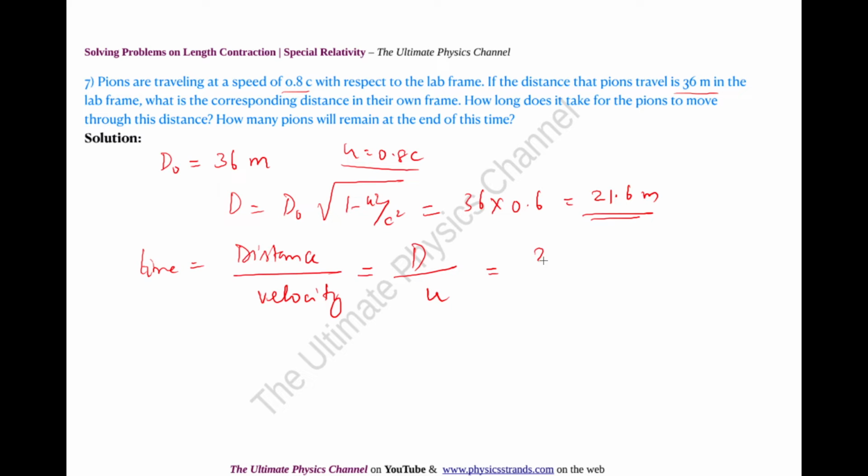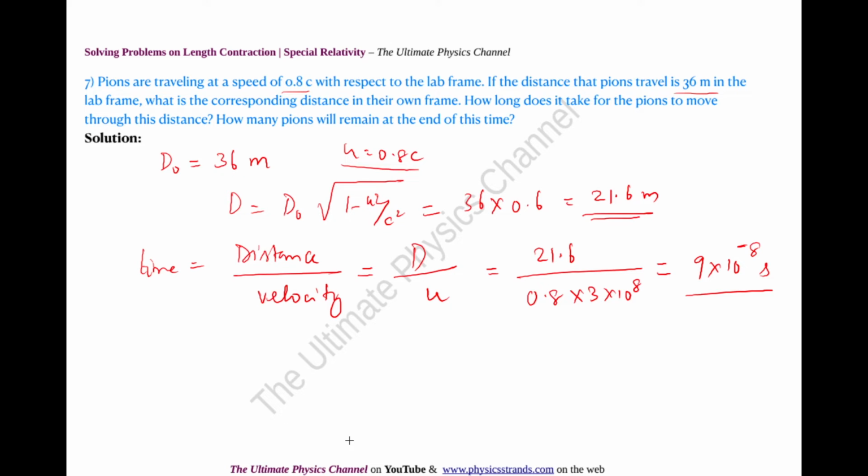So the distance is 21.6 meters over the velocity 0.8 c, so 0.8 into 3 into 10 power 8. And if you do the math, you get 9 into 10 power minus 8 seconds. That is the time for the pions to move through a distance of 21.6 meters.